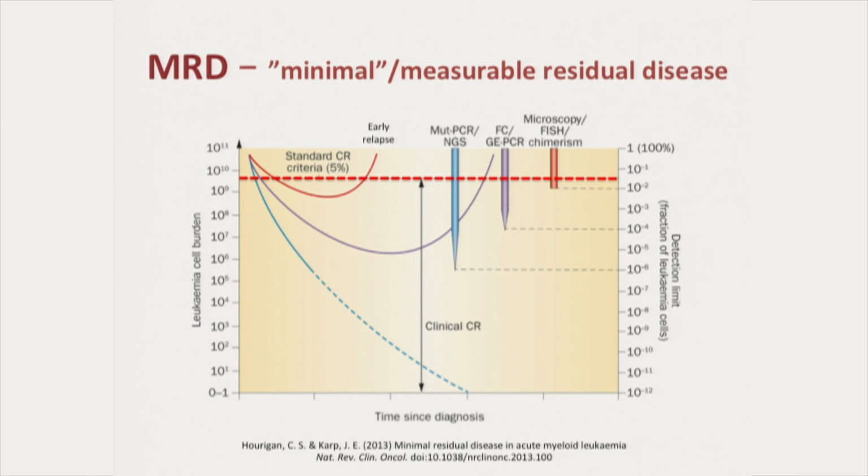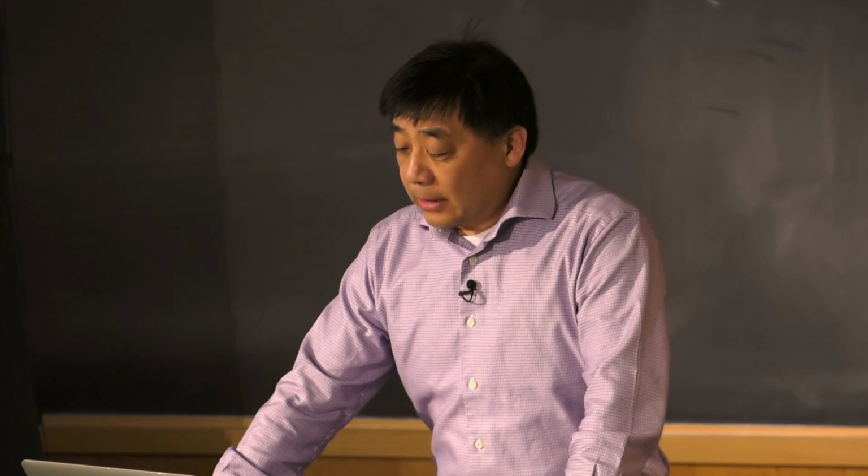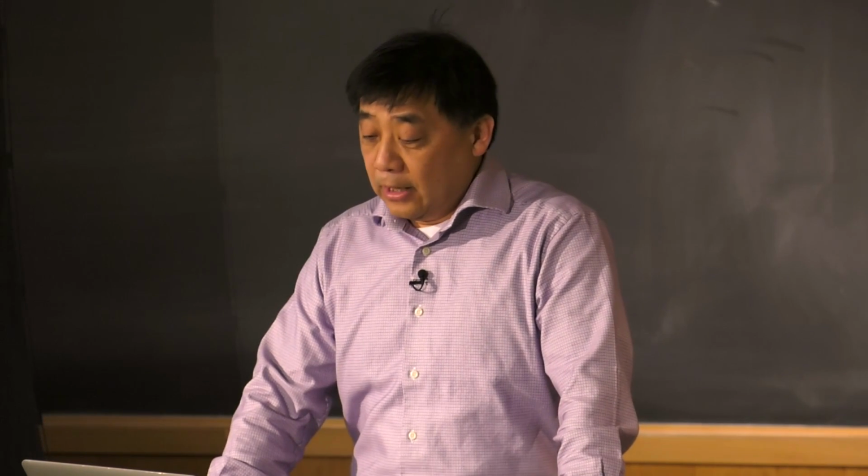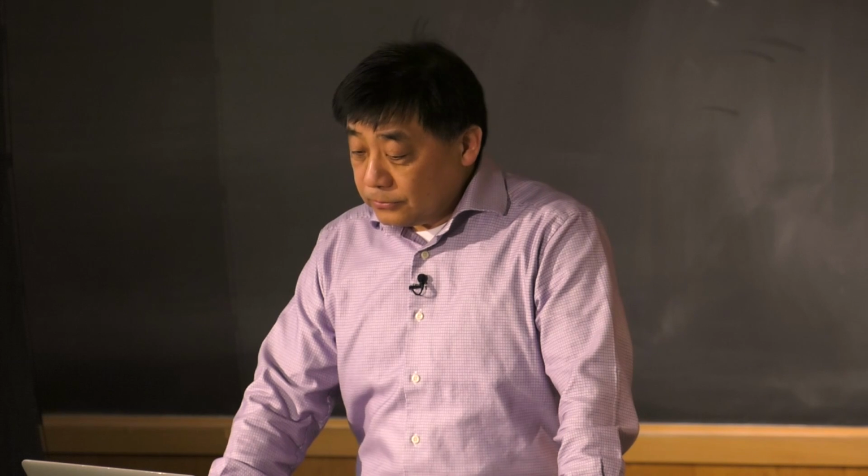And more importantly, the MRD status is not factored in many clinical studies. So that renders all those previous findings described in the textbook only partial. The conclusion may change once you include MRD status in the picture.